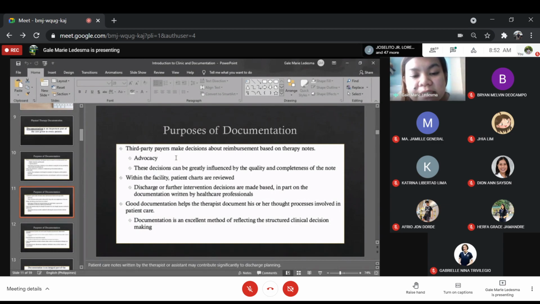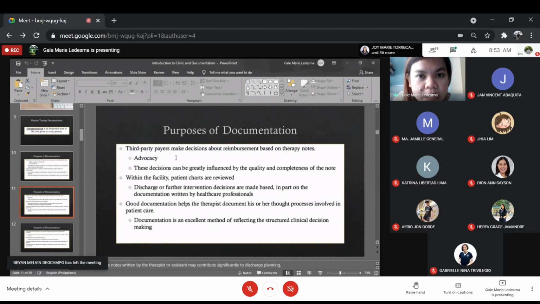So these decisions can be greatly influenced by the quality and the completeness of the note. Okay. So as much as possible, we want to have a note that is very comprehensive and relevant to the patient. And then within the facility, wherever you want to work later on, whether in a nursing home facility or a skilled facility, all of the charts or all of the patient documents are being reviewed.